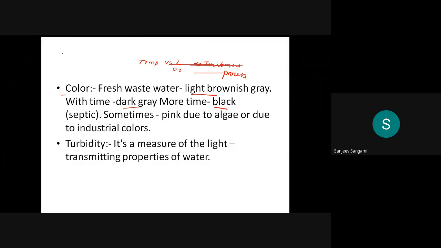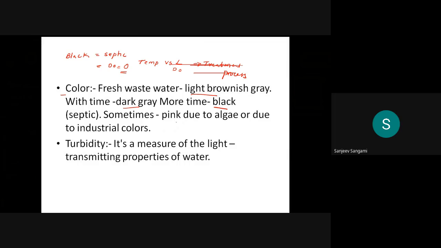Normally, when you observe any black color, you can say it is septic. Then dissolved oxygen will be zero, which means most of the fish will not survive. They are going to die.